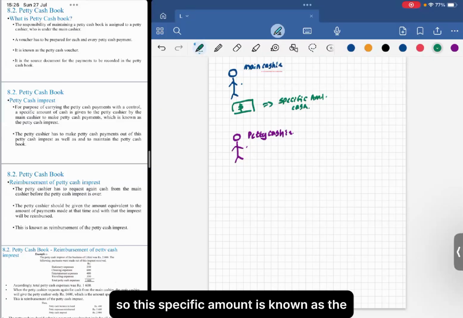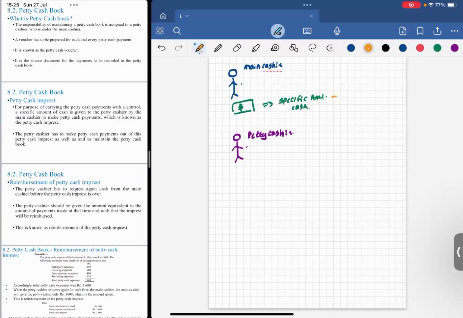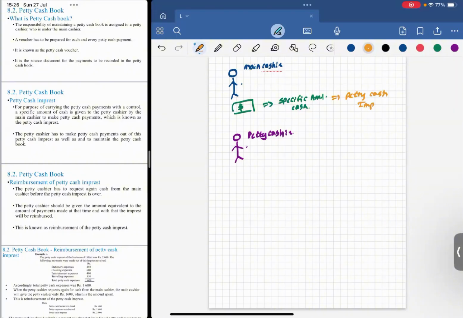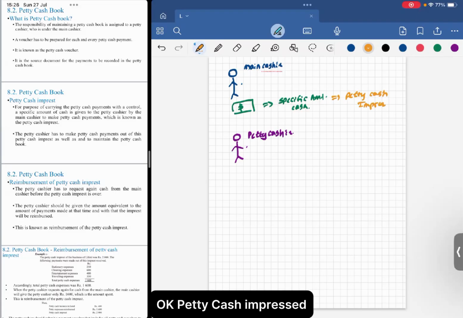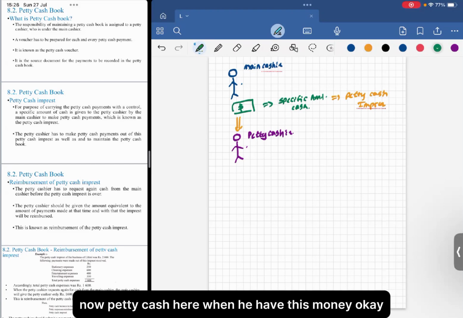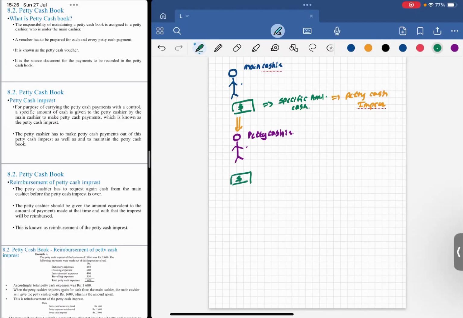This specific amount is known as the petty cash imprest.